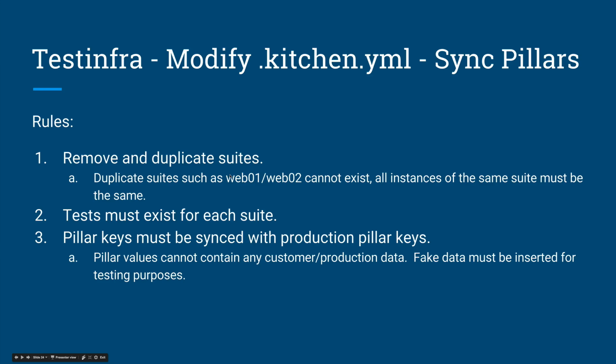For example, there's no reason to have web01 and web02 anymore. We're just going to have default, and we're going to have web. Web is only going to have the states that are specific to web. The required states not explicitly stated will still get used, but they'll be under default and not web.